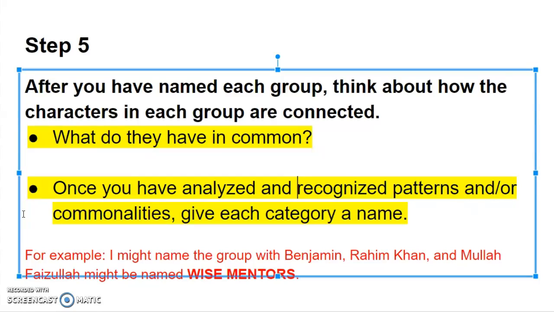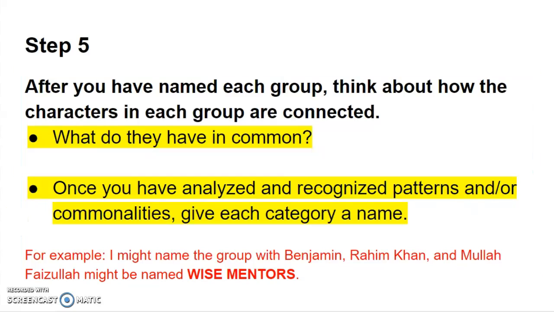So for example, I might name the group with Benjamin, Rahim Khan, and Mullah Fazula something like Wise Mentors. Okay, so I'm going to name that group Wise Mentors.